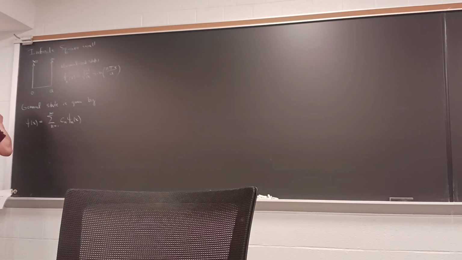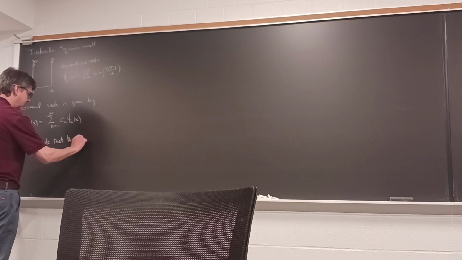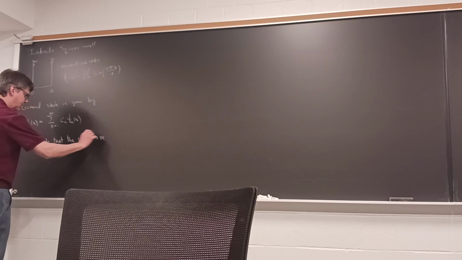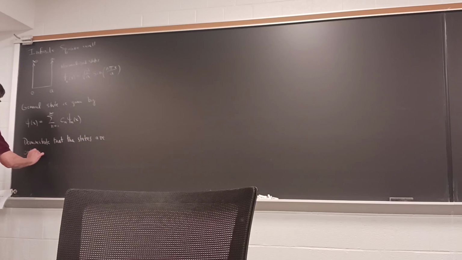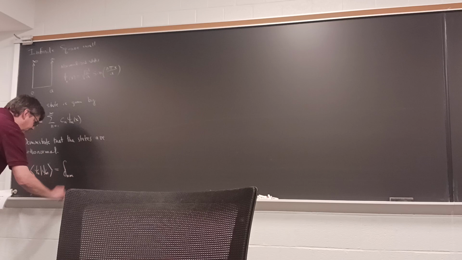And we should demonstrate that the states are in fact orthogonal and orthonormal. So what we need to show is that the inner product between psi n and psi m is equal to delta n m.